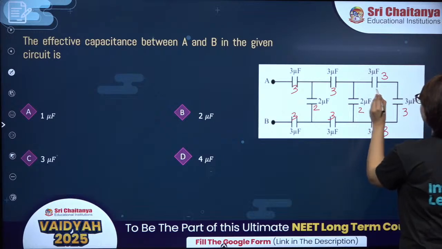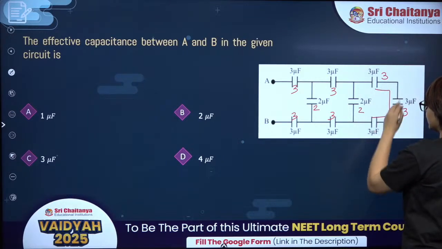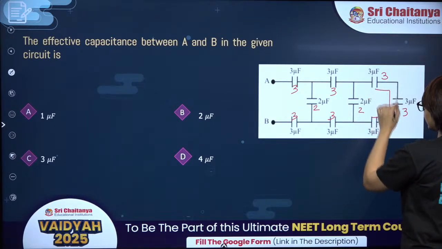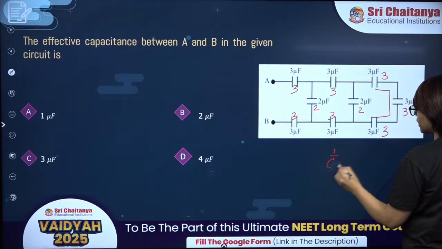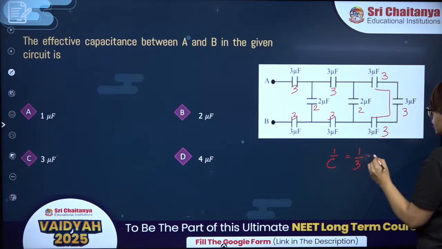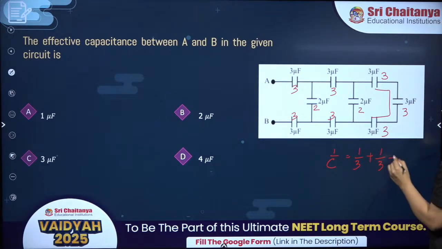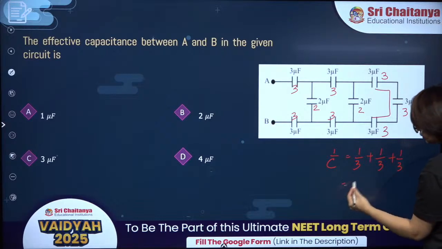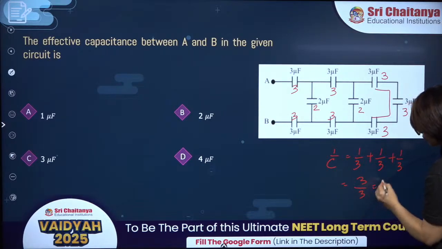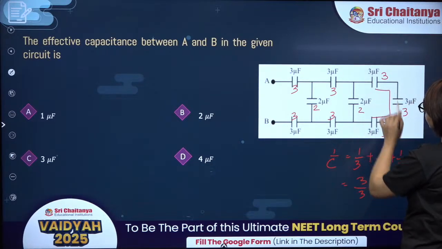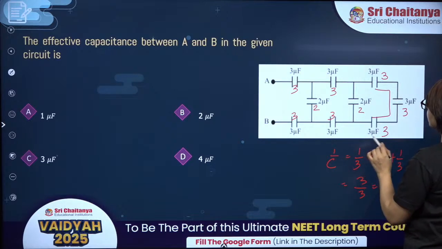These 3, 3, 3 are in series, right? So their equivalent will be 1 upon C equivalent is 1 upon 3 plus 1 upon 3 plus 1 upon 3. So it is 3 upon 3, which is 1. So C equivalent will be 1.